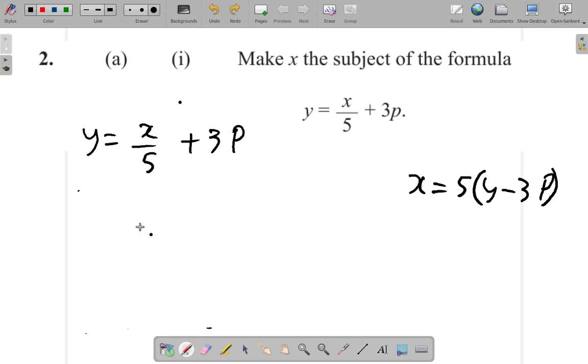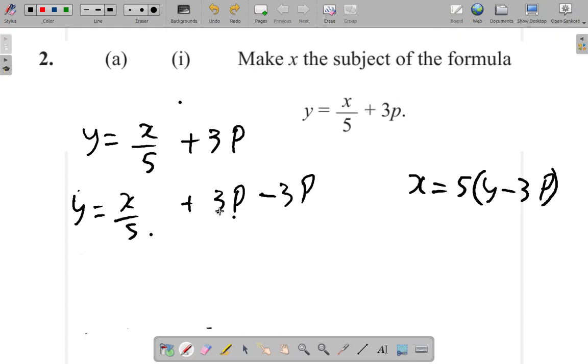What would happen? I want to get rid of 3p and then get rid of the 5. A while ago, I got rid of 5 first, then got rid of 3p. Now, let's get rid of 3p first, then the 5. I have y equal x over 5 plus 3p. I subtract 3p from the right.